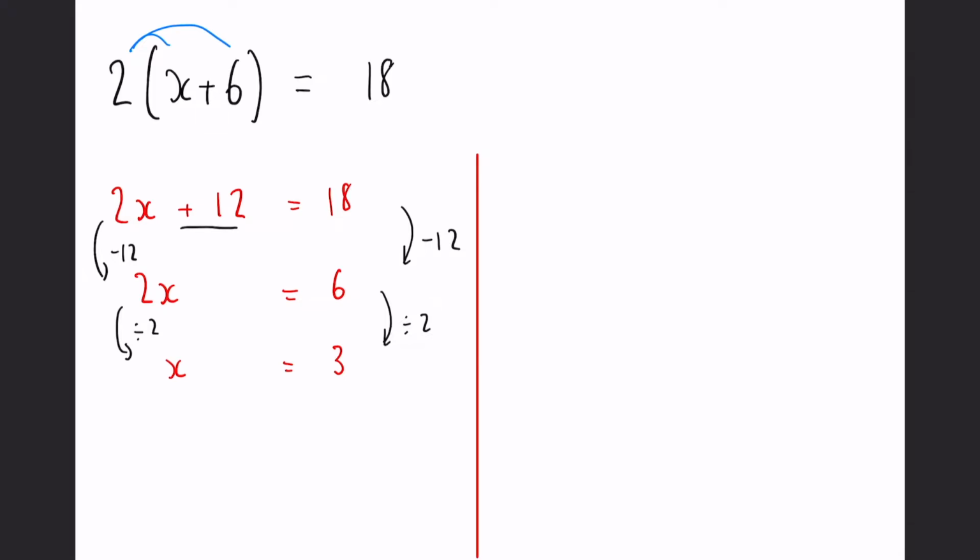So we can say x plus 6 equals 18 divided by 2, 9. And then from there we can easily see x equals 3, because if we take away the 6, if this 6 comes over here as a takeaway, then that's what we're going to be left with. But yeah, you can see both methods get you exactly the same answer.